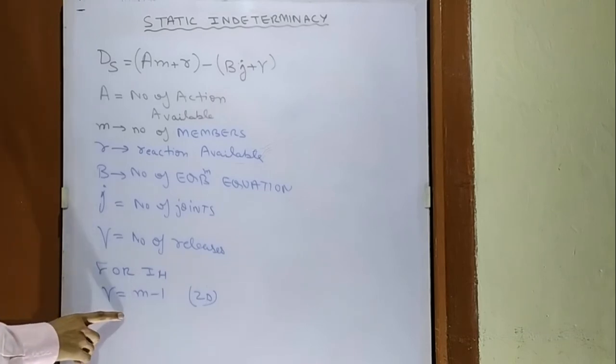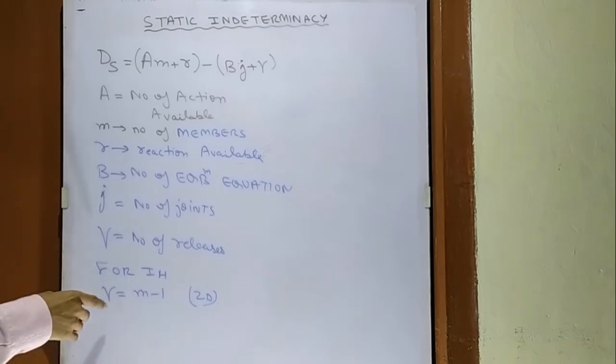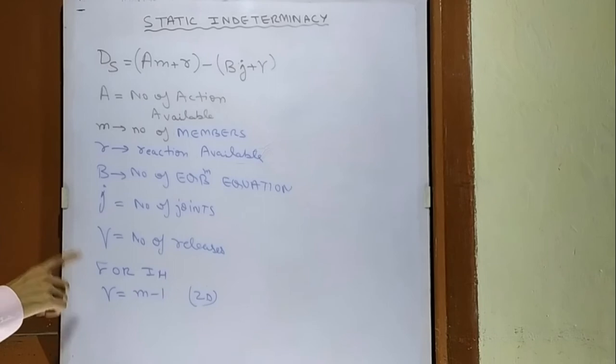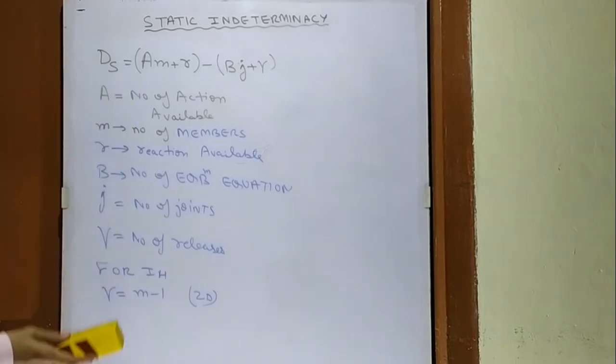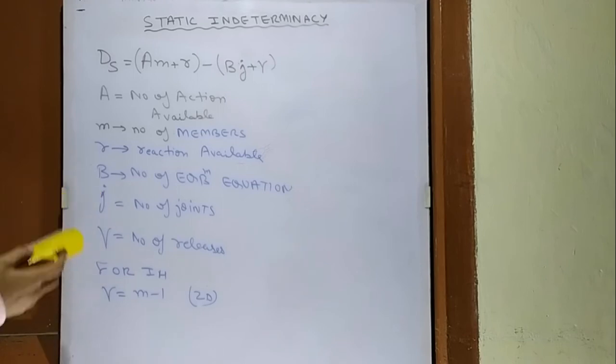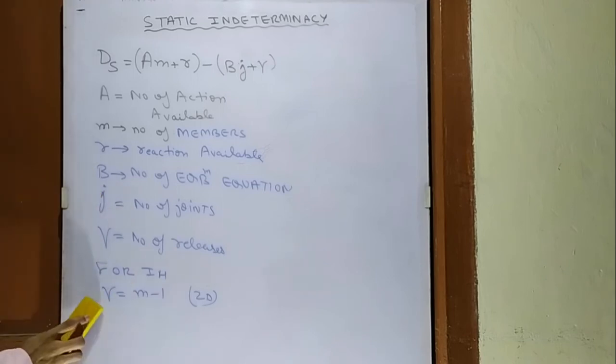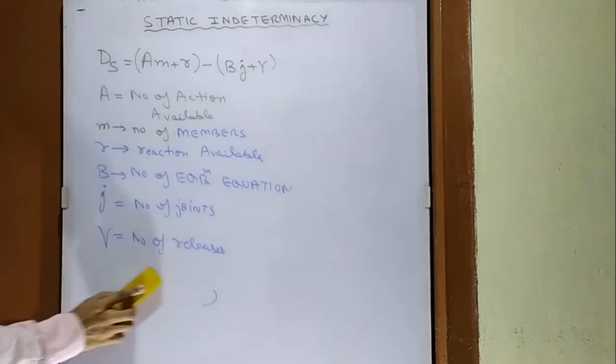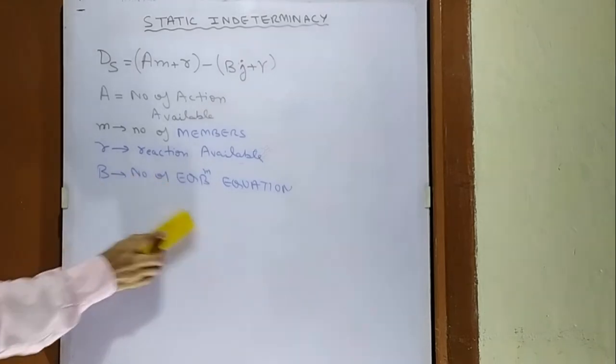So we know what a release is, and we will discuss more types of releases which we provide in a structure. Right now we just talk about the internal hinge. This is the general equation, and we should know where these equations come from.